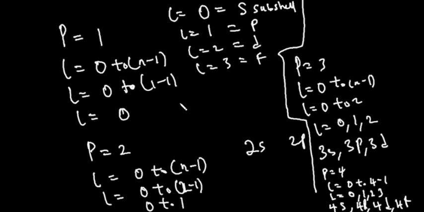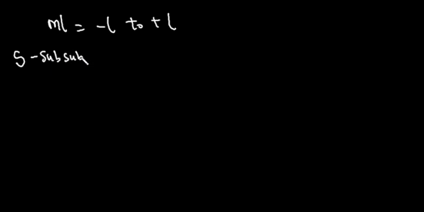Let's consider this, for instance. If you are looking for the magnetic quantum number, it is denoted by ml, and it is given as minus l to plus l. So what does this mean? If I have the s subshell and I want to know the number of blocks inside it, I'll find it using the magnetic quantum number.